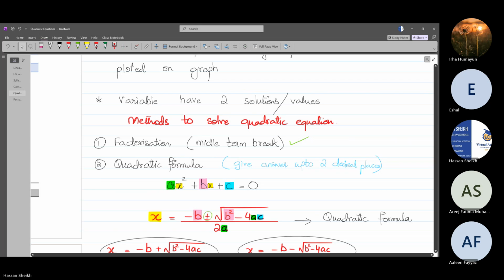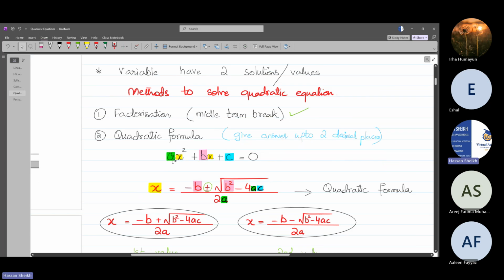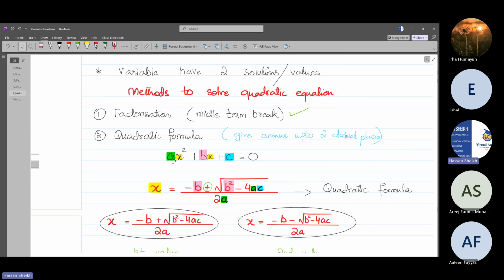Remember that if the quadratic equation is not written in standard form, you need to first convert it into standard form, which is ax squared plus bx plus c equals 0. And then we apply the formula.